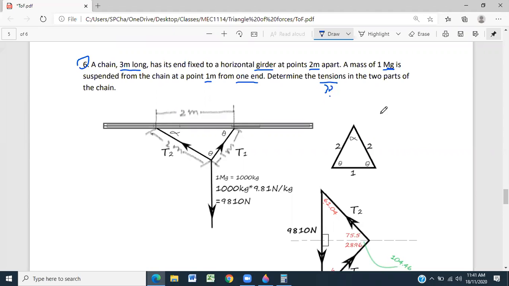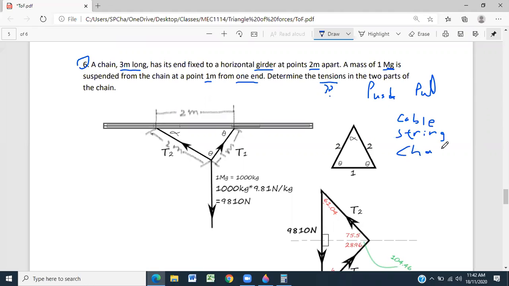So tension. As we know, a force is either a push or a pull. Tension is a pulling force for things like cables, chains, rope, string, if the load is light enough.